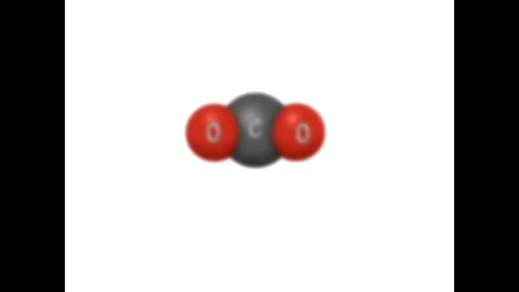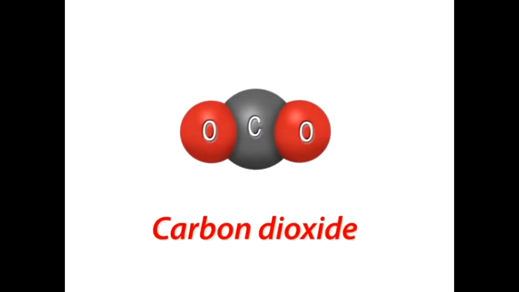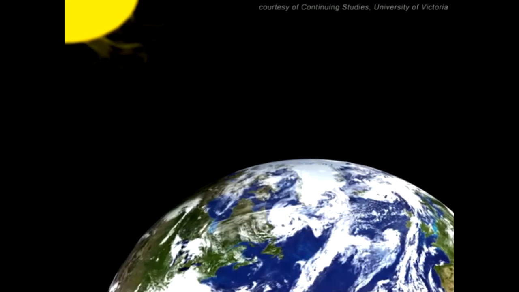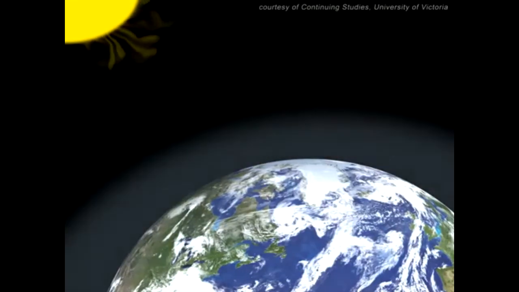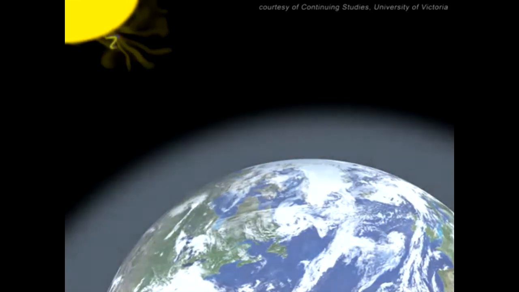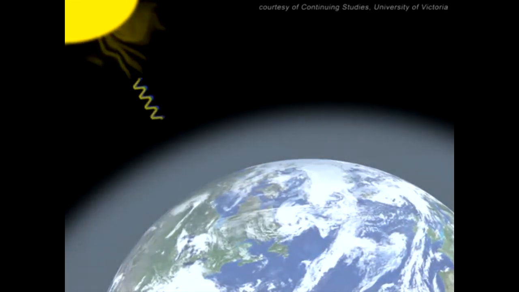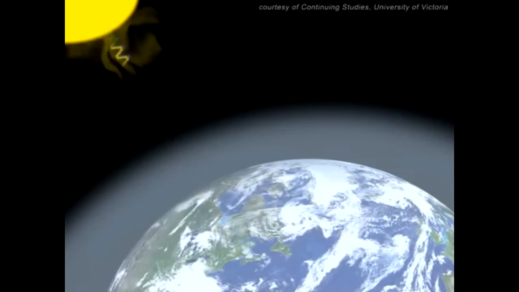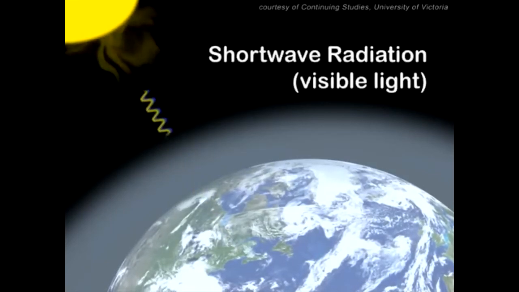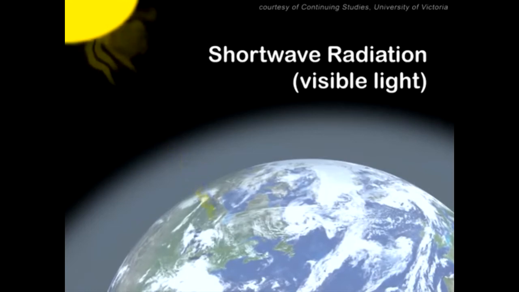Let's begin our discussion by looking at the big one, carbon dioxide, and the critical influence it has on the Earth's climate. What we see here is the Sun's relationship to the Earth and the Earth's atmosphere. The Sun has a surface temperature of about 6,000 degrees Celsius, and it radiates huge amounts of energy down toward the Earth, most of it as visible light or short-wave radiation.